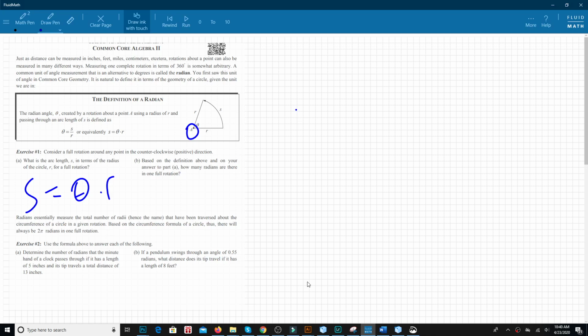So for one full rotation, the number of radians is 2 pi. One full rotation is going to be 2 pi radians. Keep in mind the radians are measured in pi.